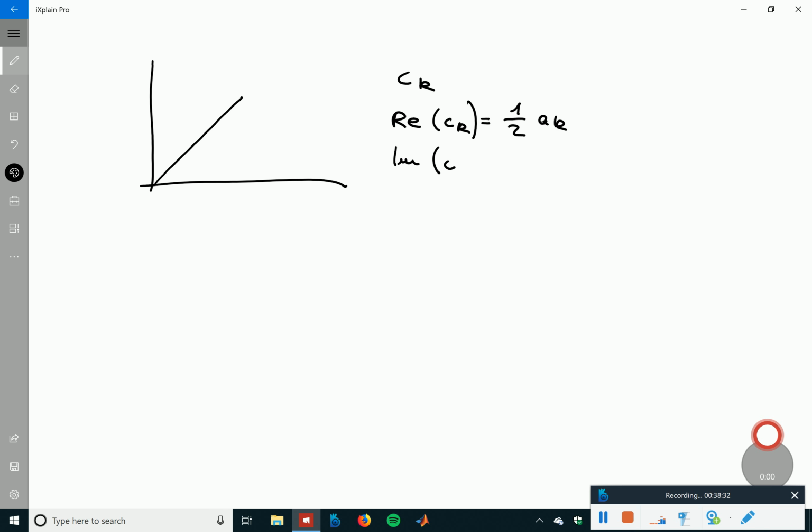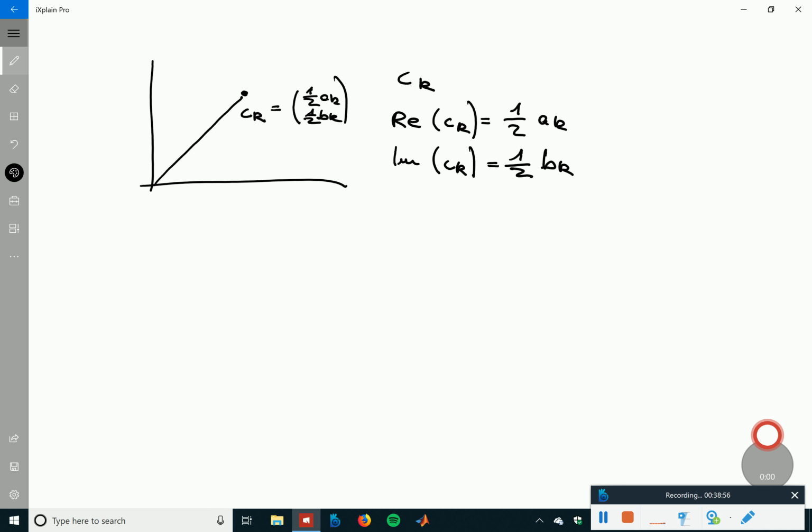And then there are ways to get rid of the 1/2, but then one has another 1/2 somewhere else, so it's more or less helpful. We have them now here, a_k and b_k. So if we plot c_k, then we have 1/2 a_k, 1/2 b_k.